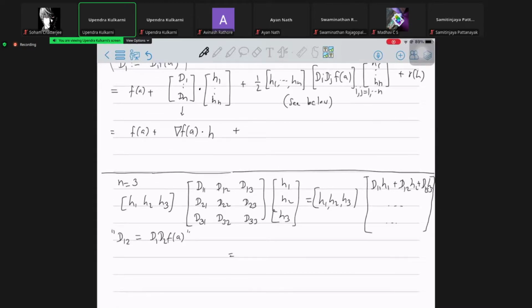Now I have a single row times a single column, so I'm just going to get a real number. But what do the terms become?